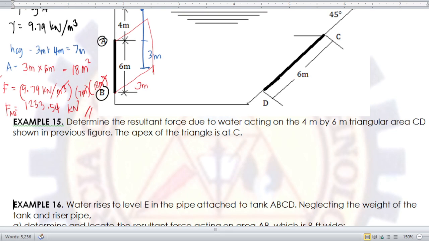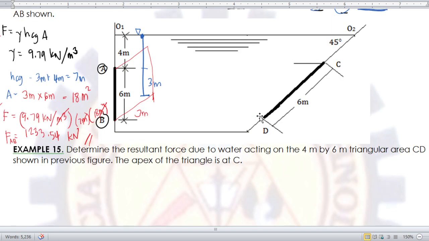In example 15, we are to solve for the force on the area CD. Where is the area CD? This is the area CD, this black bold line here.